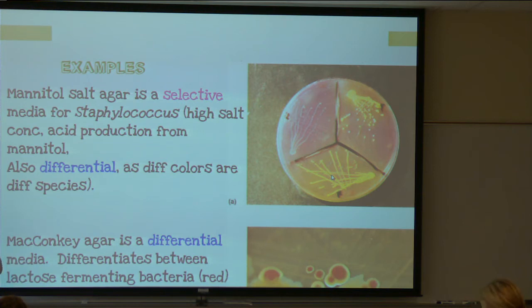However, there is one particular genus of bacteria that actually likes to grow on mannitol salt. That is Staphylococcus. So if you have an unknown bacteria and you wonder if you have Staphylococcus, grab some mannitol salt agar, do an inoculation. If you have growth, you know you have Staphylococcus. So it's selective for staph.